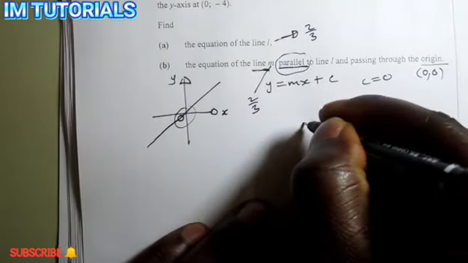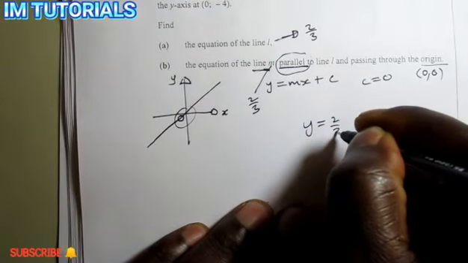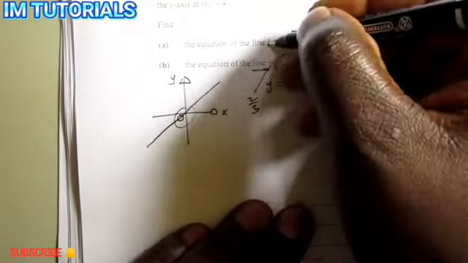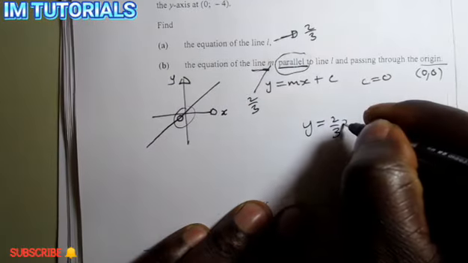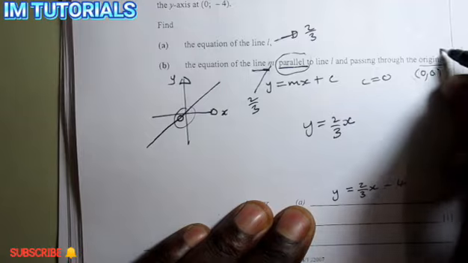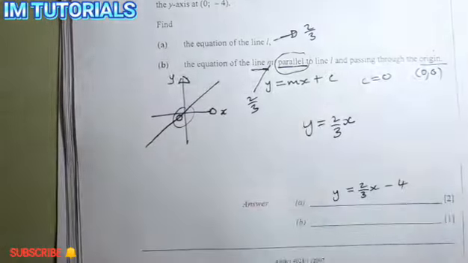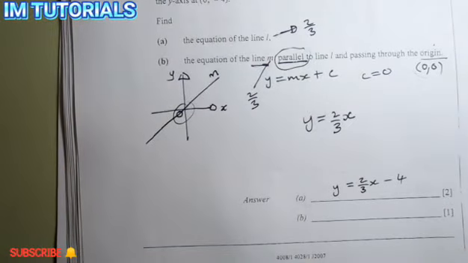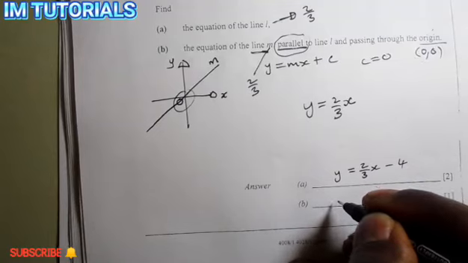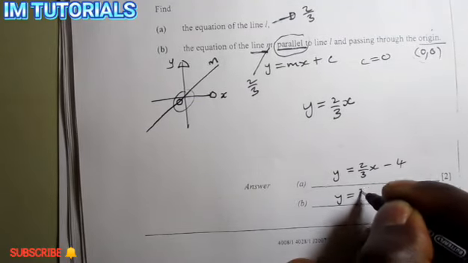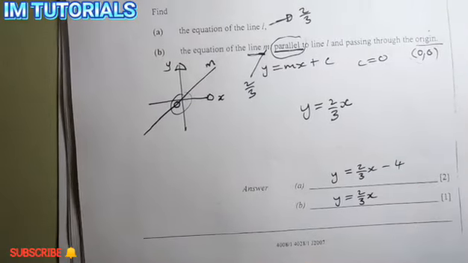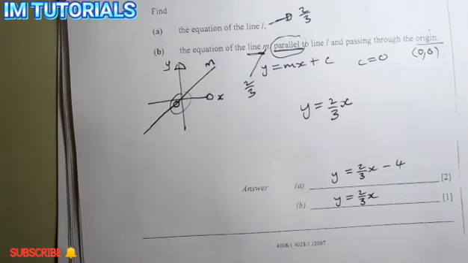So I'm now writing my answer. y equals 2 over 3, which was the gradient of L, similar to the gradient of M. Then you put x. But since it is passing through the origin, line M is cutting the y-axis at 0, so 0 becomes your c, which is the y-intercept. So our answer is very simple here: y equals 2 over 3 x.